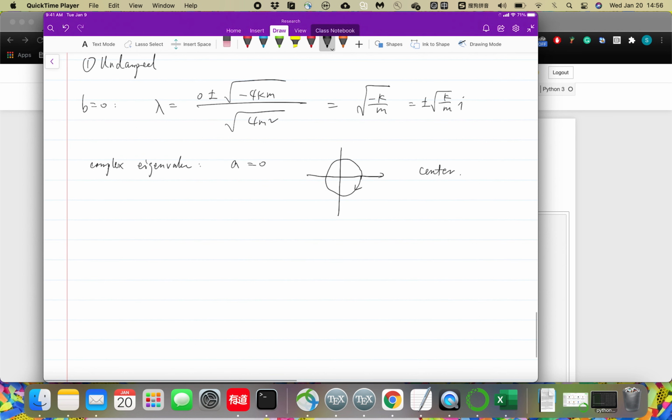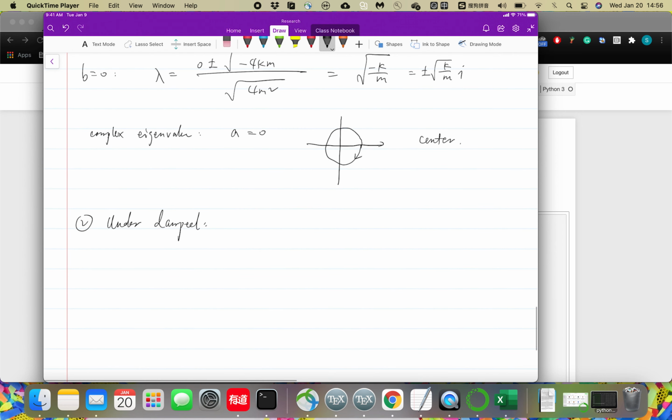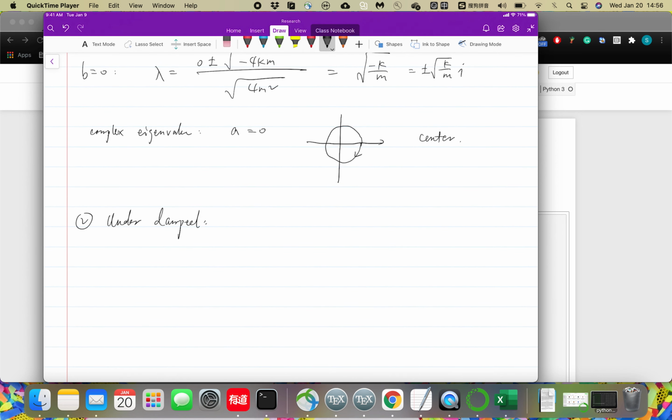Okay. Now, second case, we do have damped, but we want to further differentiate them into different kinds of damped. The first one is called underdamped. That is, you do have a B, all right, but you do have B squared minus 4km less than 0. This corresponds to a small b.